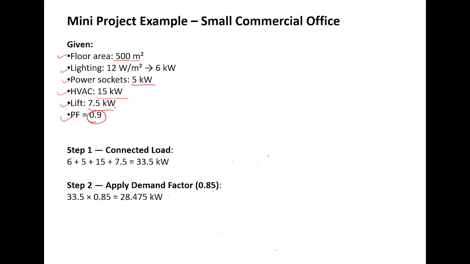So based on these values, I have to calculate the circuit breaker size, cable size, transformer size, and so on. This is a circuit breaker, this is a circuit breaker, this is the transformer. What will be the size of my transformer?